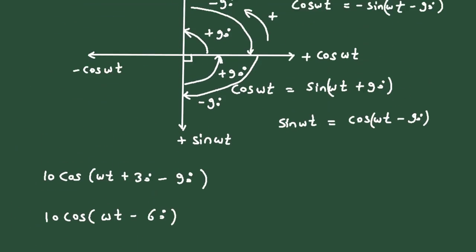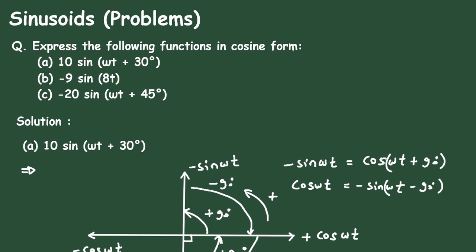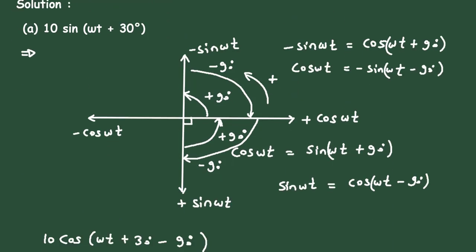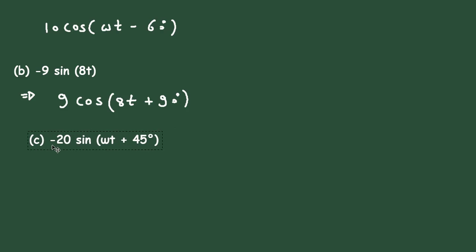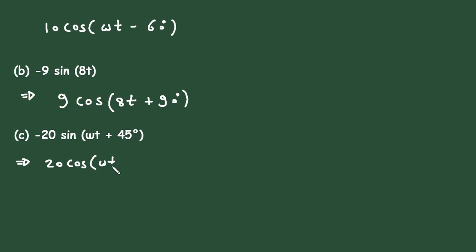Then next is C: minus 20 sine omega t plus 45 degree. Let's copy this first, and this will be changed from minus sine to plus cos. So 20 cos omega t plus 45 degree as it is. Now here we are changing from minus sine to plus cos.